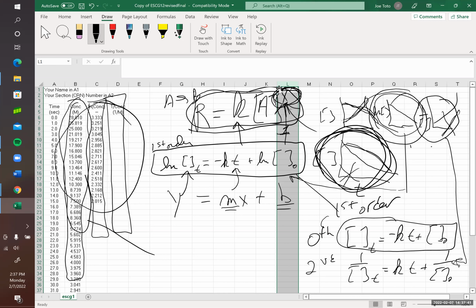So you can use that goodness of fit criterion, that R squared value, to tell whether one plot is more linear than another.